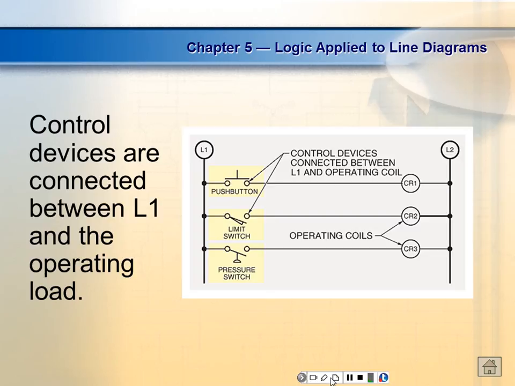We can only put 1 load per line, or we can put a lot of control devices. What we call the decision-making section of the circuit. And how you hook the control devices does not make it a parallel circuit. It does not make it a series circuit. Now, when we talk about parallel and series circuits, we are talking about the loads.